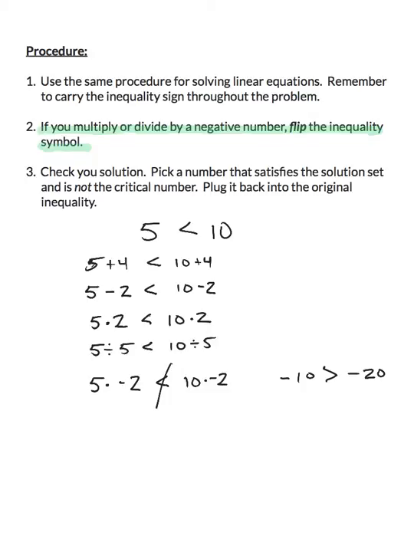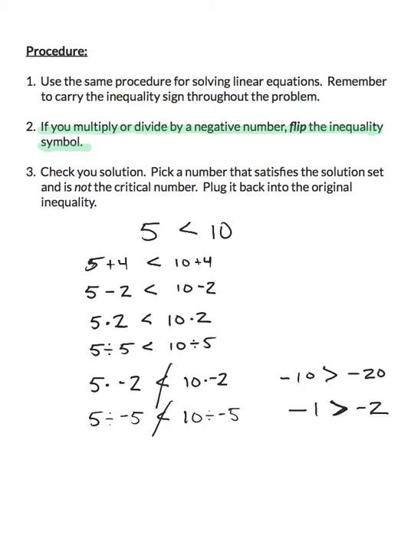Similarly, if I divide 5 by negative 5 and 10 by negative 5, do I get a true statement? We get negative 1 and negative 2. Is negative 1 less than negative 2? No, it is not. So notice that here we also have to flip our inequality for the same reason.